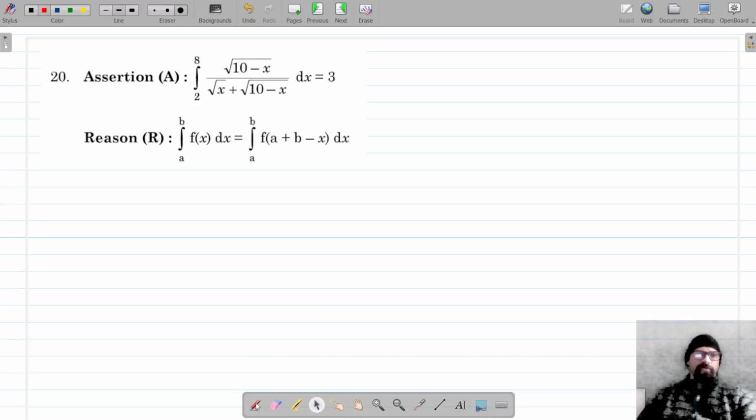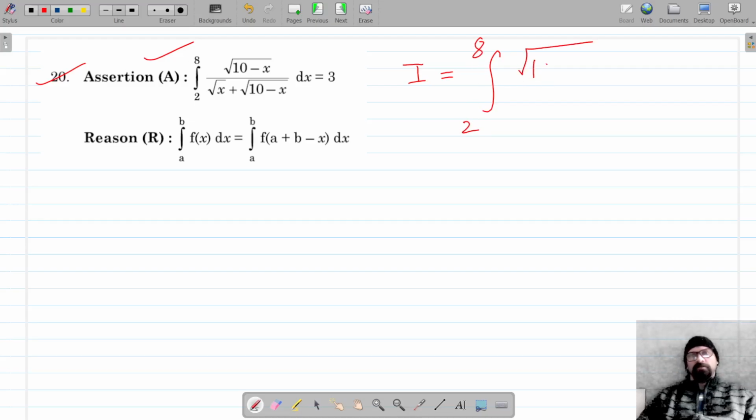Okay, for question number 20, which is also an assertion and reason-based question, let's try to find out the assertion first and see if it's true or not. Let's say the integral is I. So I is equal to the integration from 2 to 8 of root of 10 minus x upon root x plus root of 10 minus x, with differential element dx.